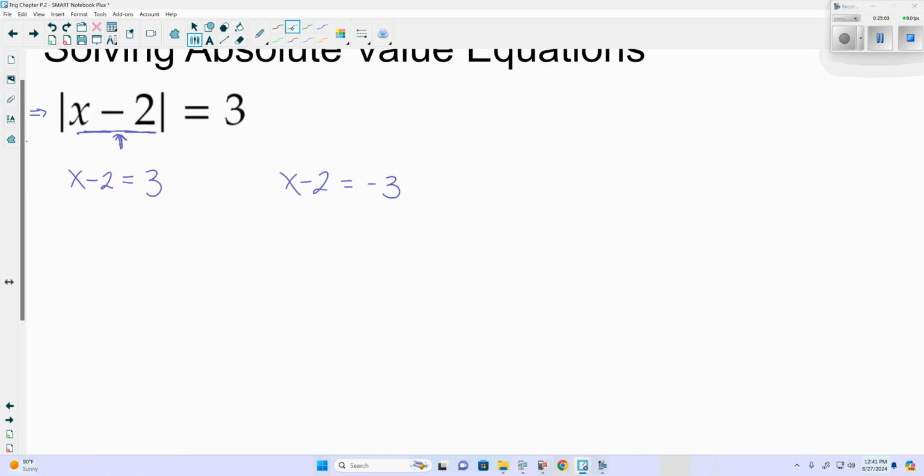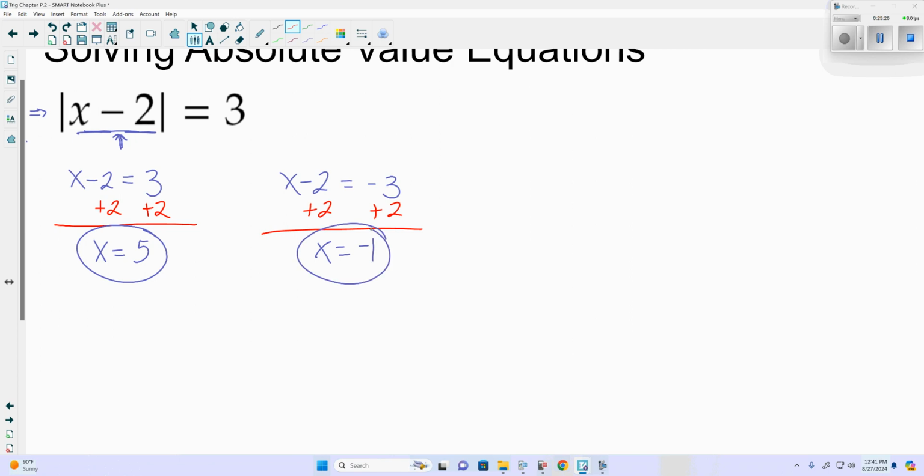And once we split this apart, we're just going to solve for x. On the left one, we can add 2 to both sides, telling us that x is equal to 5. And for the other one, we can add 2 to both sides, telling us x is equal to -1. So when x is 5 and x is -1, we will get a solution.